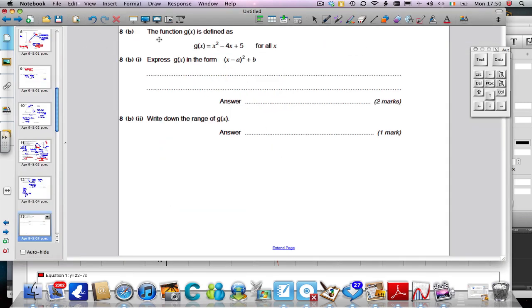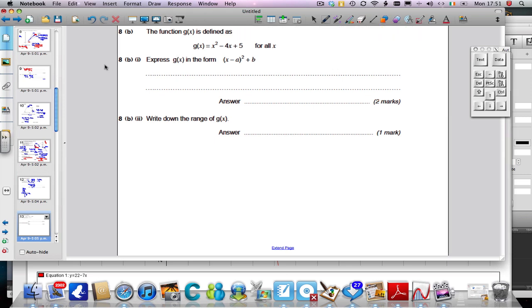Okay, we're asked now to express this function in the form x minus a all squared plus b. So what we're doing is we're completing the square. So nice and easy, half whatever's in there.